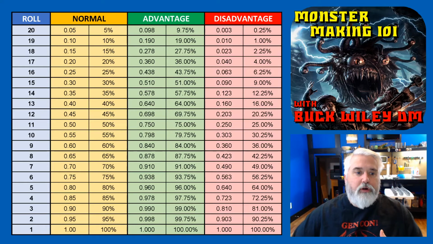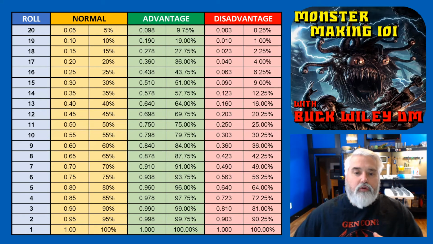Let's say that we're trying to roll an armor class of 17. Well, on a normal roll, I would have a 20% chance of hitting that armor class. If I was rolling with advantage, that percentage goes up to a 36% chance. And if I have disadvantage, it goes all the way down to a 4% chance.